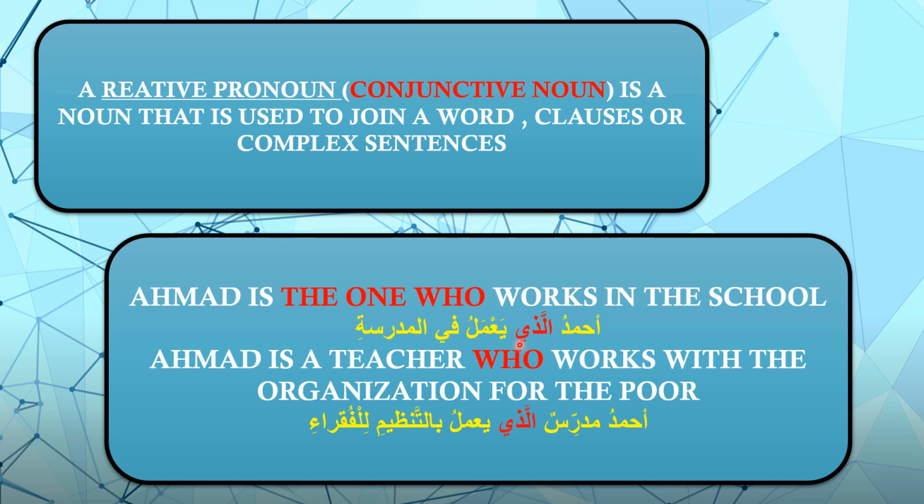Whenever you see alladhi in Arabic, know that it will be translated as the one who. So you can see here, Ahmad alladhi ya'malu fil madrasati. How are you going to translate? Ahmad is the one who works in the school.